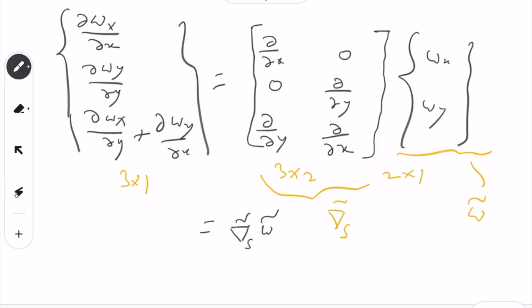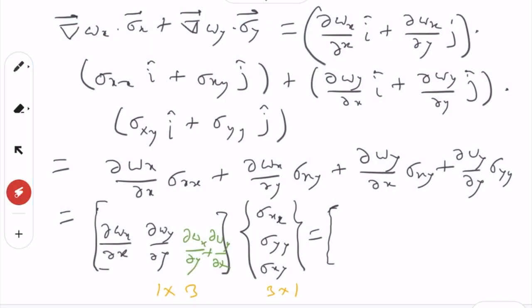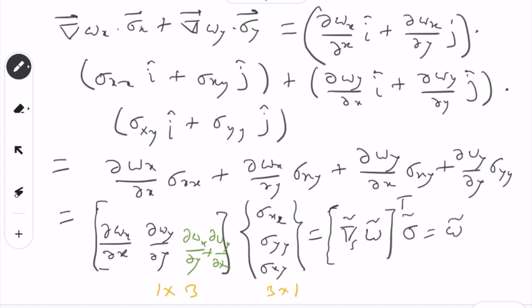So let's write it here. So we have del s w tilde both, transpose of that, and then we have sigma, which means this we have w transpose, then del s tilde transpose w.